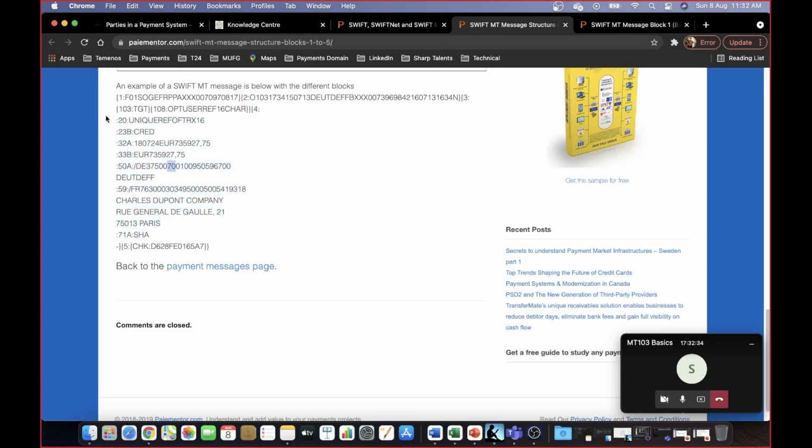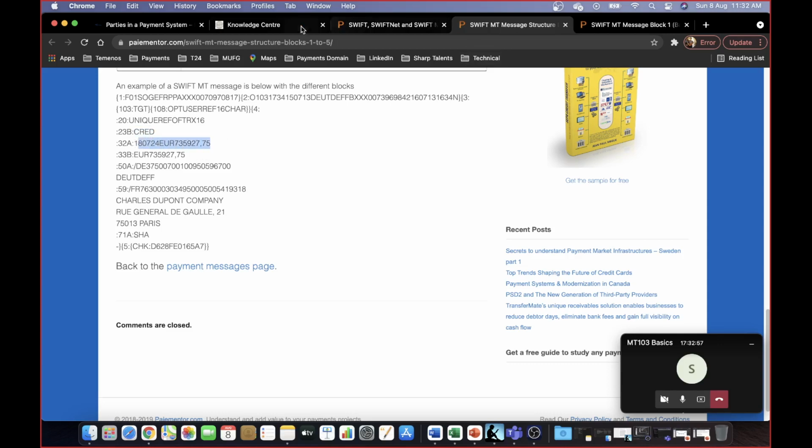So here you can see number 20, 23B, 32A. These are called tags or fields. Both the terms are used interchangeably. It will have a colon at the beginning and at the end, after which there will be a message or text that will follow.